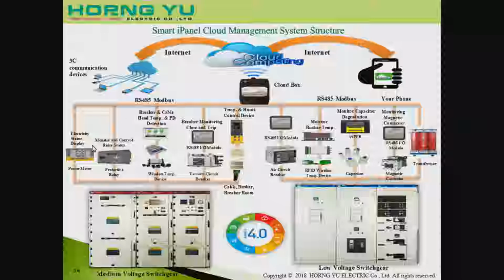Other devices such as power meter, protective relay, wireless temperature devices, and sensors monitoring transformer temperature can connect directly through RS-485 to our gateway to get the information. This is the structure that we call IoT 4.0.